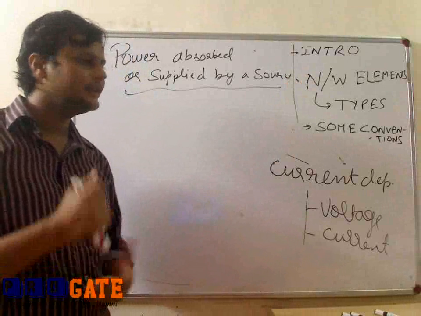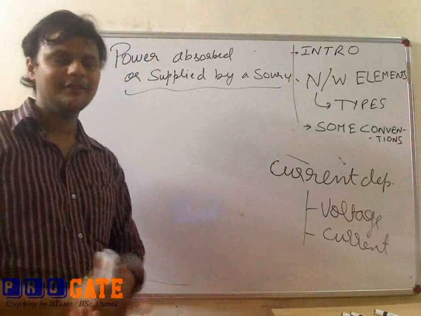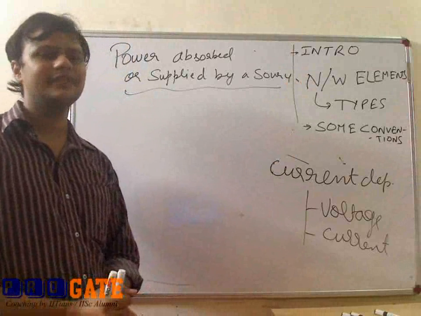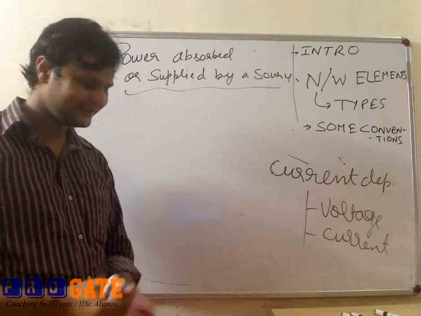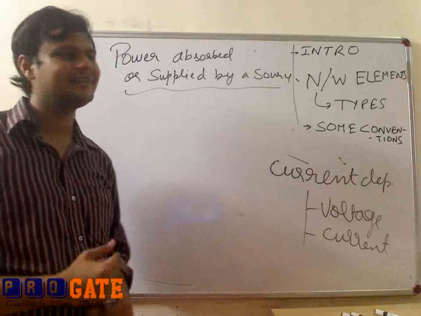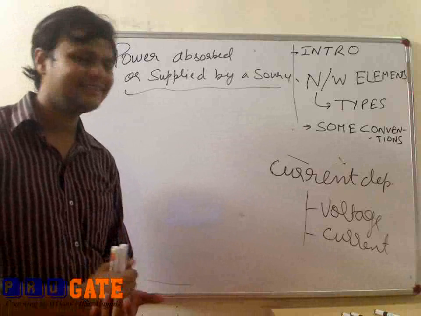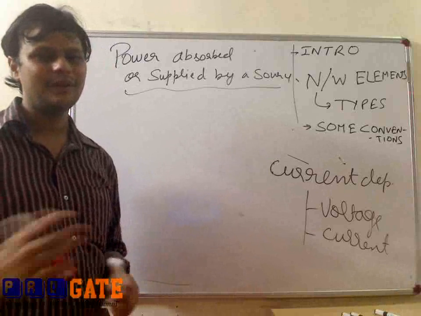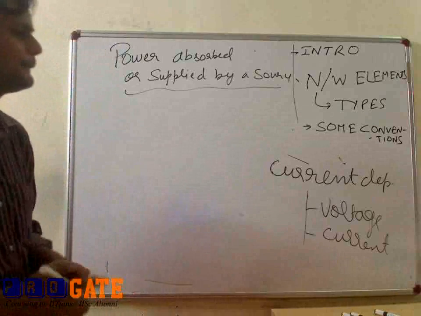So when will we say a source is supplying the power, and when will we say a source is absorbing the power, or in more general terms, when do we say a battery is charging, and when do we say a battery is giving power to a circuit.